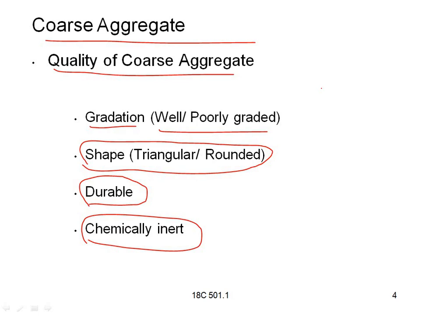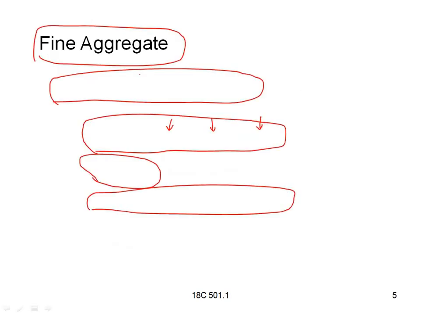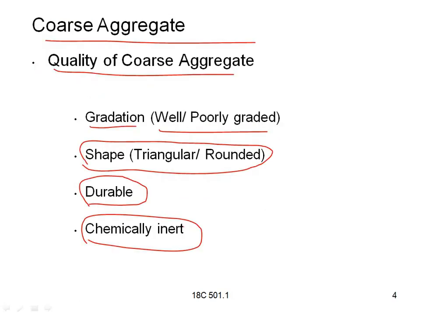If the material has very little strength, then we cannot expect long life. So this is chemically inert. The materials which are used should be inert to chemicals, such as acids. Any other items mixed with the aggregates should be cleaned before using in RCC.